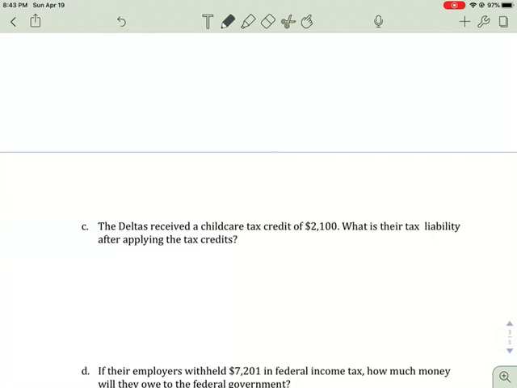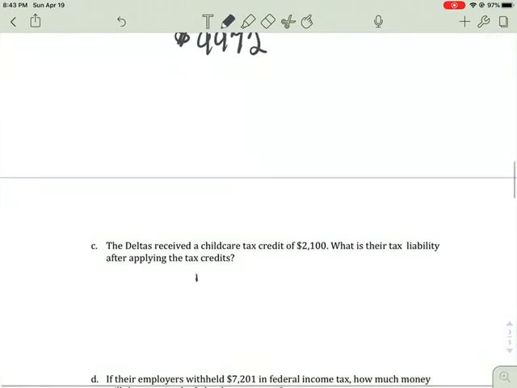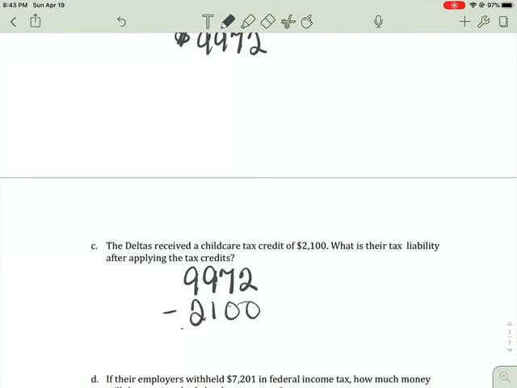Now remember, their tax credit takes place after we figure out how much tax they owe. So we're going to take their tax they owe, which is $9,972, and subtract their tax credit.